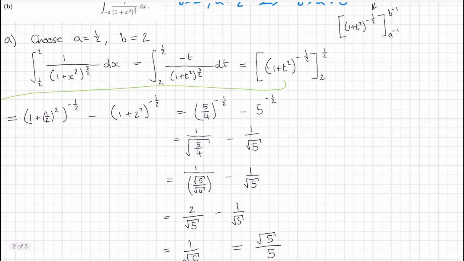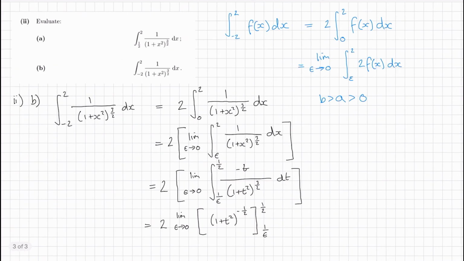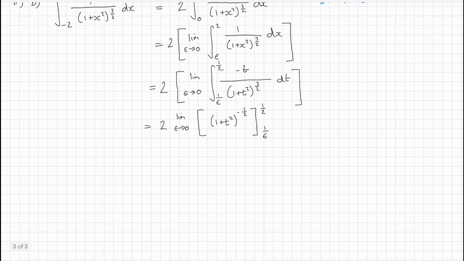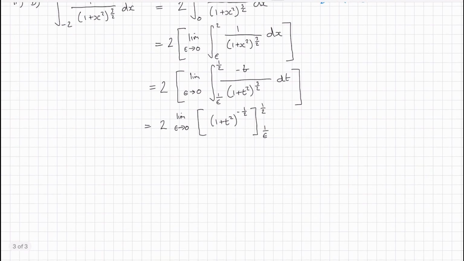So we know that it's 2 over root 5, and we can immediately write that one as 2 over root 5.